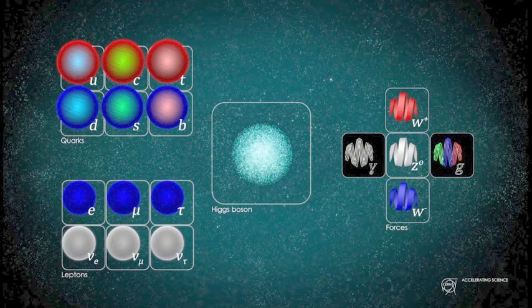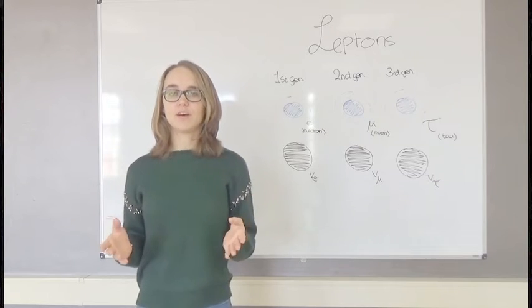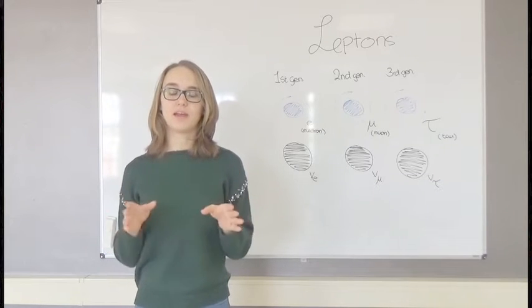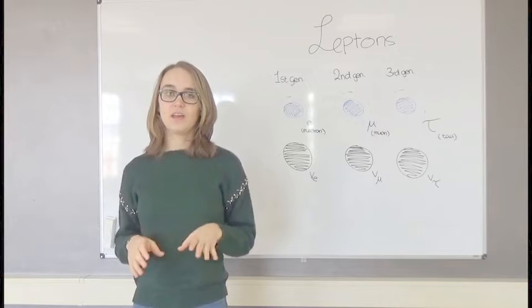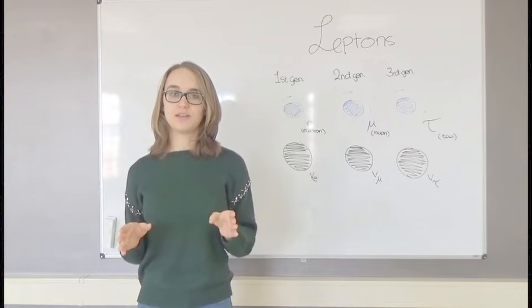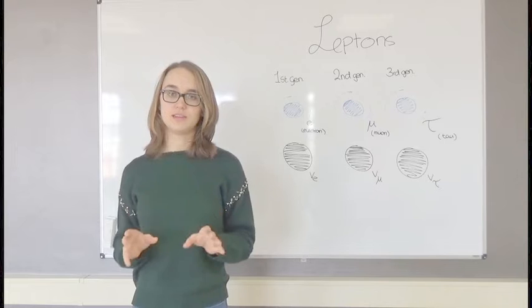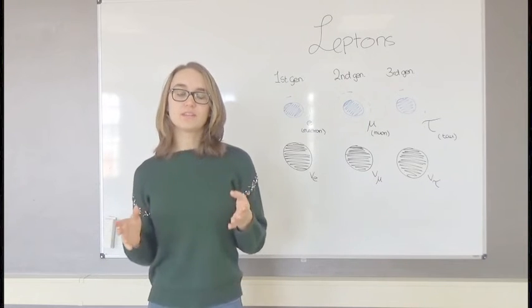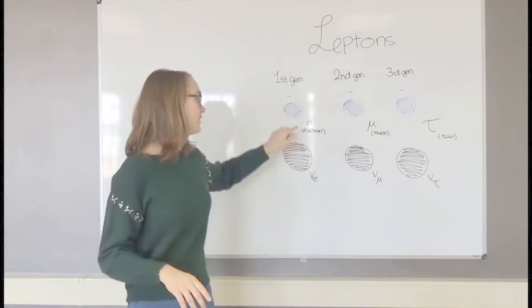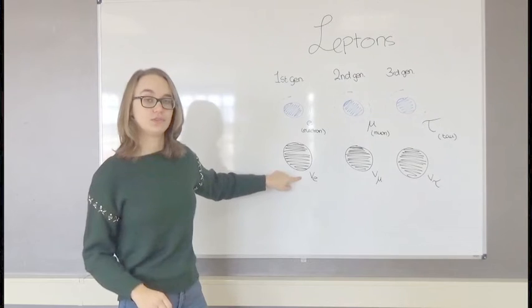The second type of particles that make up matter are the leptons. Leptons can also be divided into 6 particles and are paired into generations as well. There are 3 generations of leptons, and just like the quark generations, the same rules apply to these. Leptons in the first generation consist of the electron and the electron neutrino.